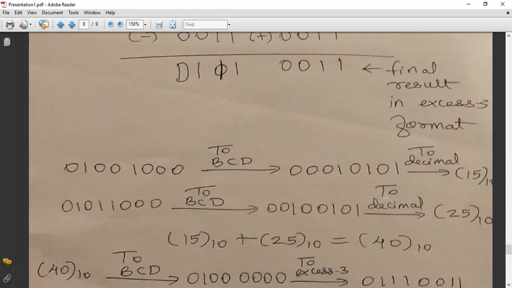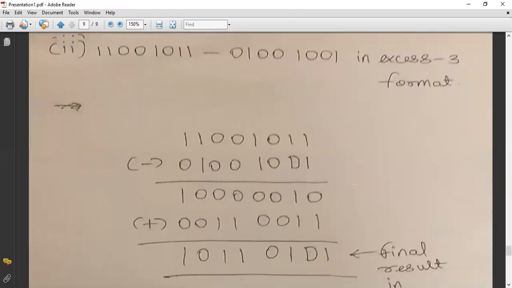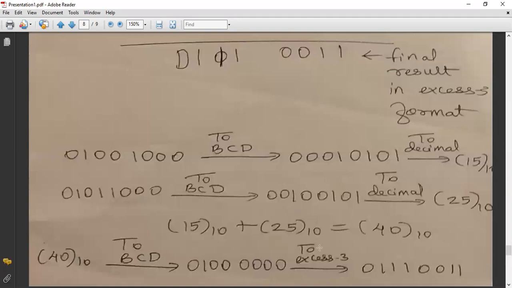Now this number is again converted into decimal form, and we will get 25 to the base 10 as the answer. Now 15 to the base 10 plus 25 to the base 10 is nothing but 40 to the base 10, in the decimal form. And if we write its equivalent, we will get the same number.